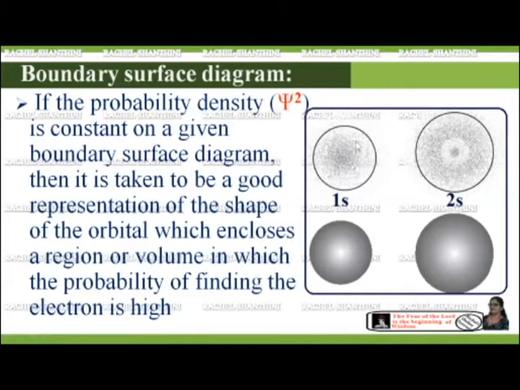But within this boundary, the probability density is somewhat constant. The probability of finding the electron is dense over here. Then it is taken to be a good representation of the shape of the orbital, which encloses a region or volume in which the probability of finding the electron is high.